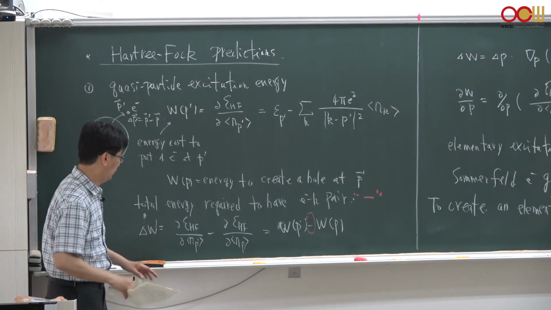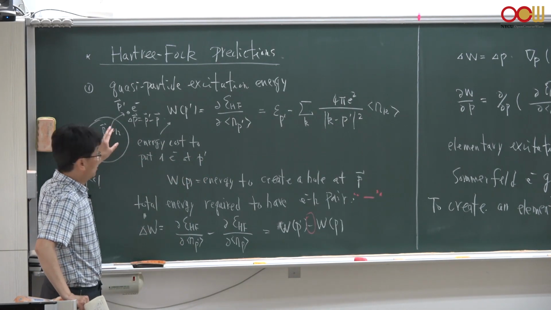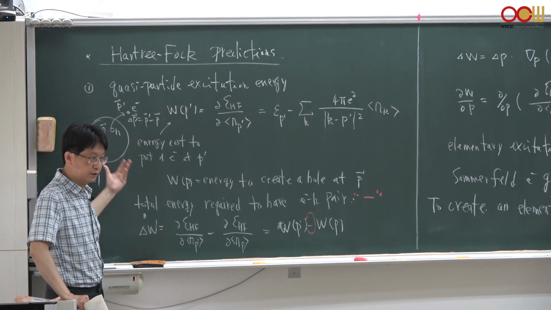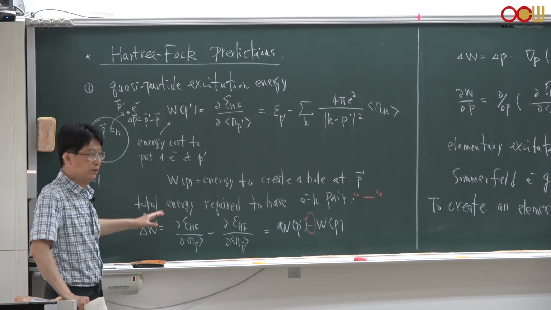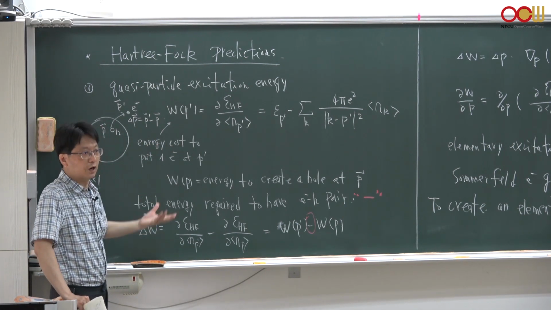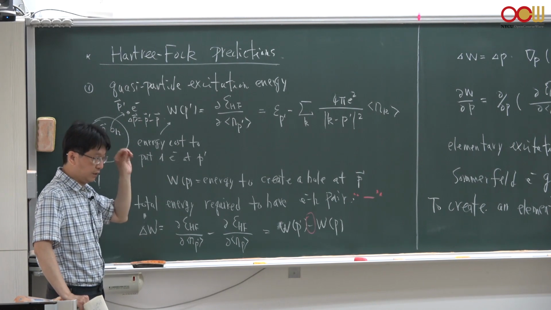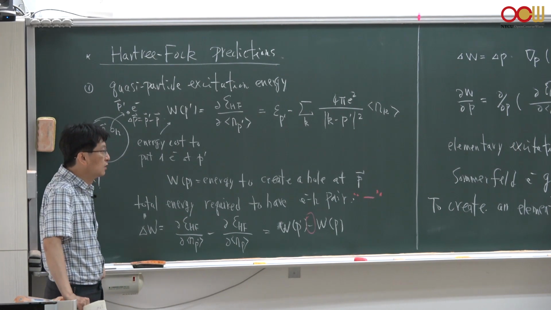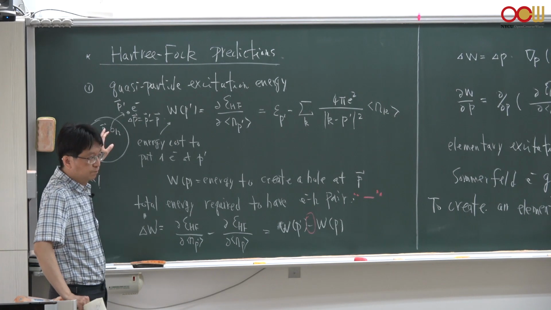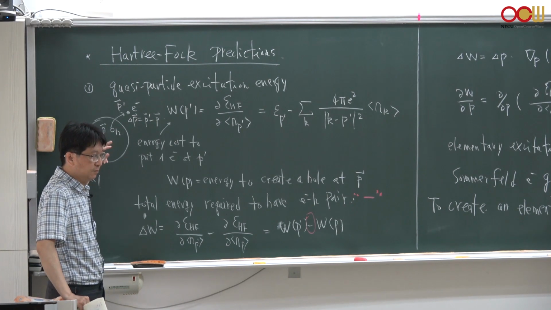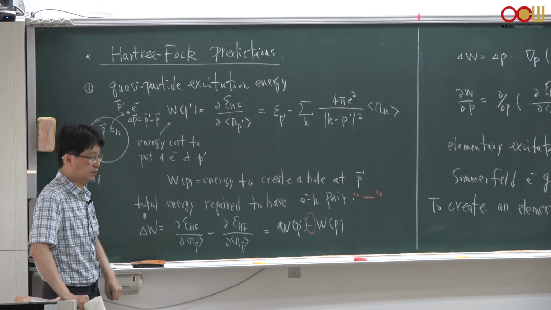So the total energy required to create such an electron-hole pair is the sum of the two energies. So one is positive, which means that we need to put in extra energy, but the other, the hole energy, is actually negative, meaning we take energy out of the system.